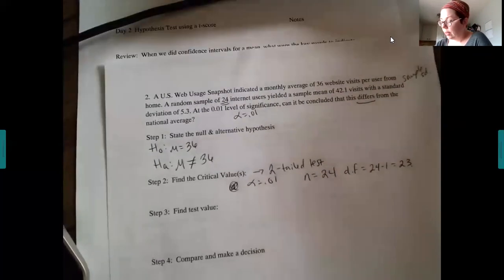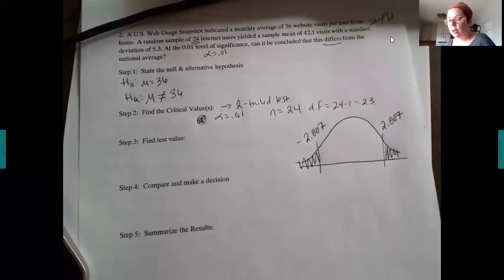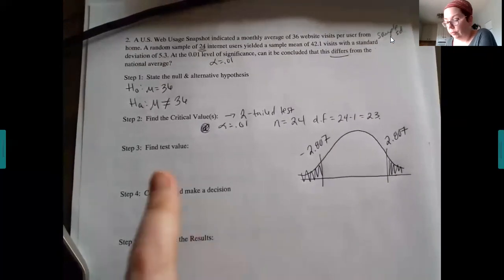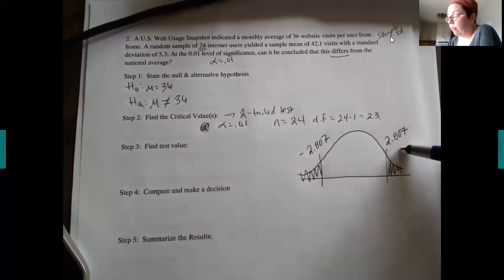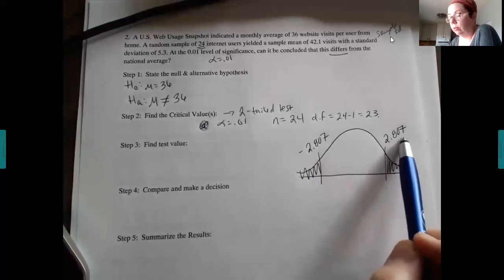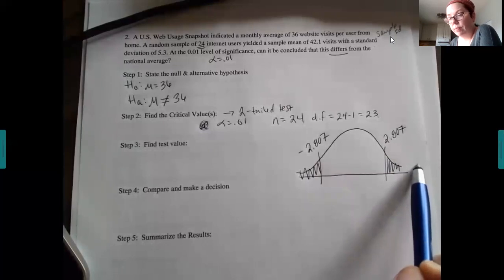Okay, so what that's telling us is that there's two rejection areas. There's a positive side and there's a negative side. So when we do the math for the test value, we could end up with a positive score, and if it's more positive than 2.807, it'll be in this rejection region.